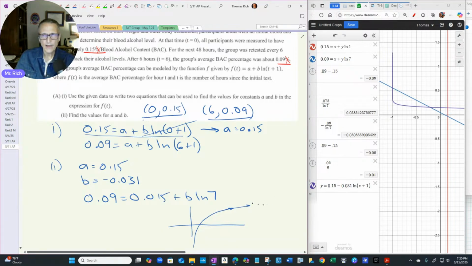So it's concave down, it looks like that. But because of the negative that we had for the b, that was the coefficient in front of the logarithm, it's been reflected. And so it's actually coming down like this. So that means it is concave up. It's concave up and it is decreasing.